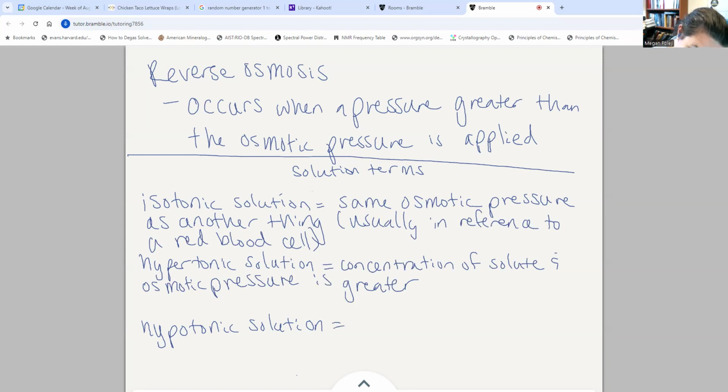And then hypotonic is our concentration of solute and osmotic pressure is lower.